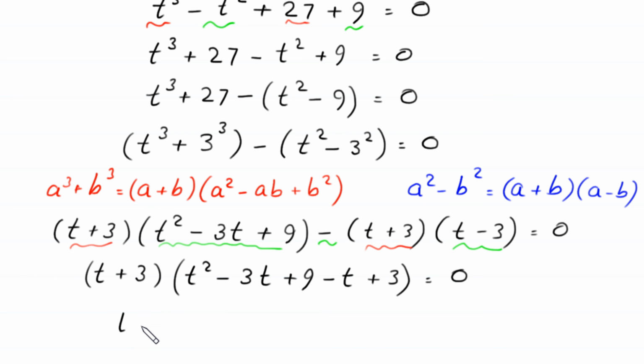Next, t plus 3 times t squared, negative 3t minus 1t will become negative 4t, and 9 plus 3 will become plus 12, is equal to 0.